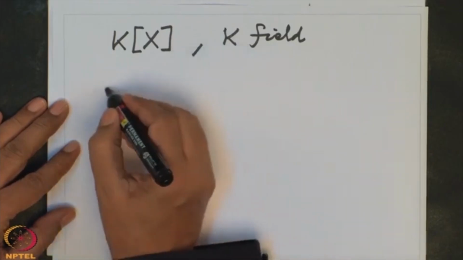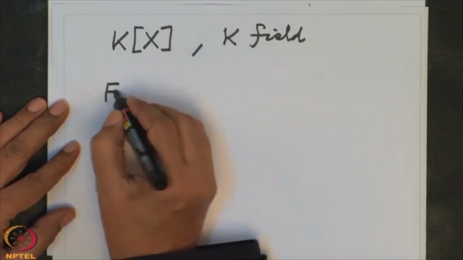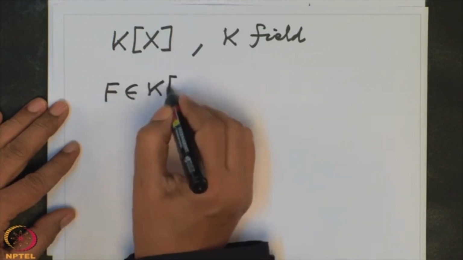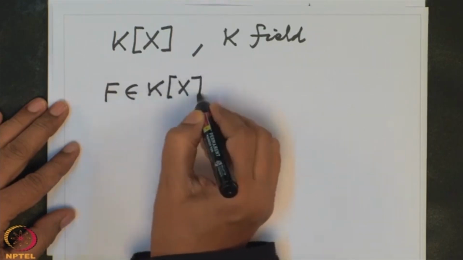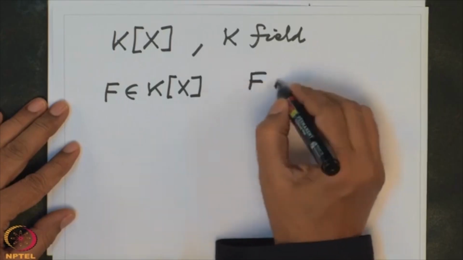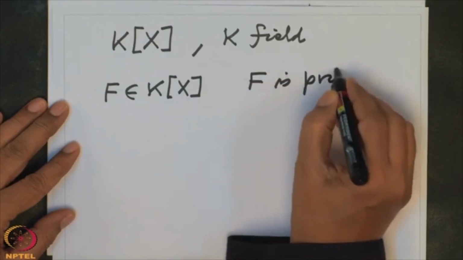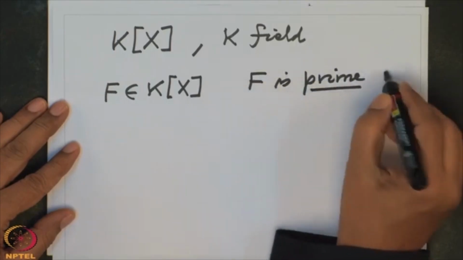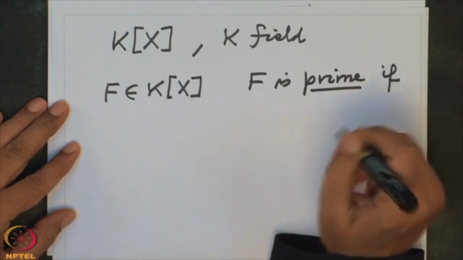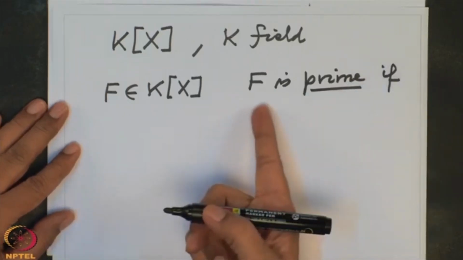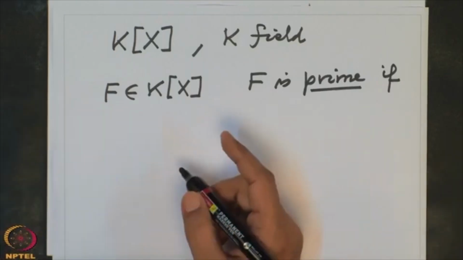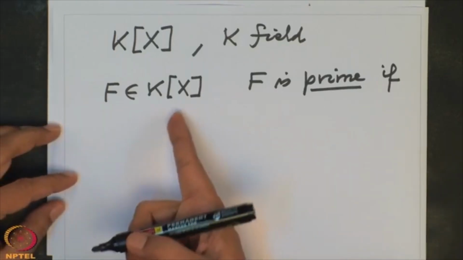Then when do I say a polynomial F is a prime polynomial? Now I should also define what the divisors are, but now I have to say divisors in K[x].